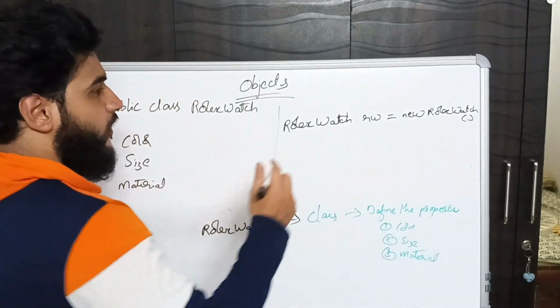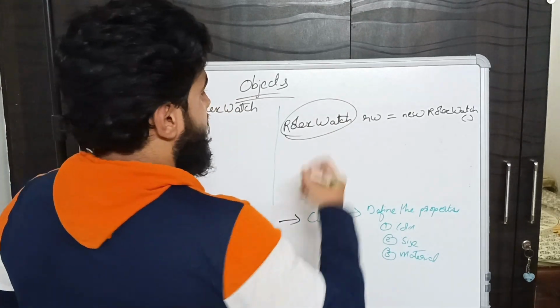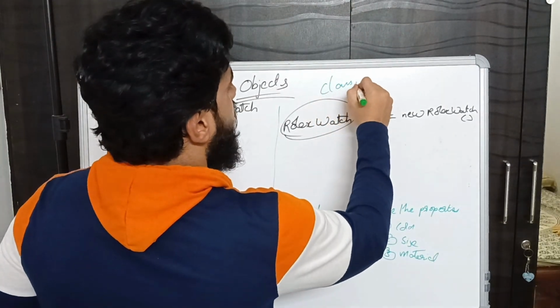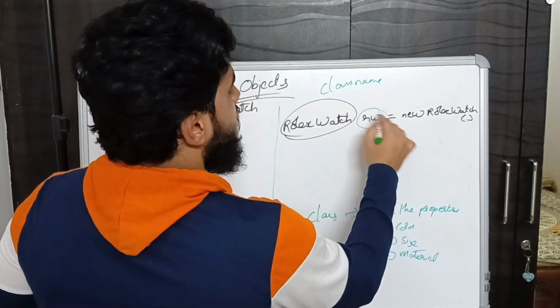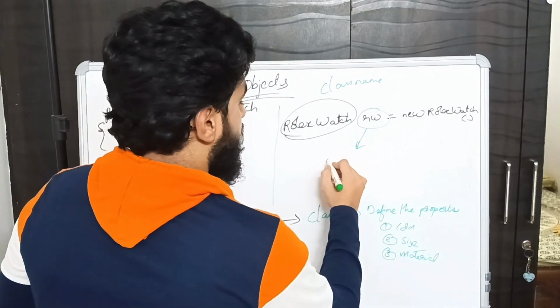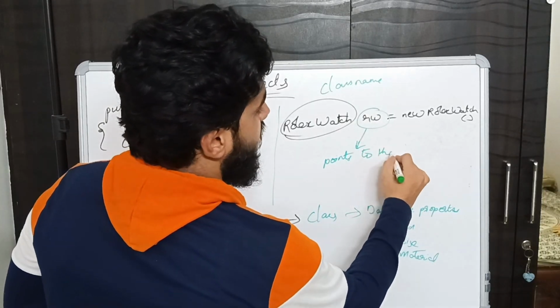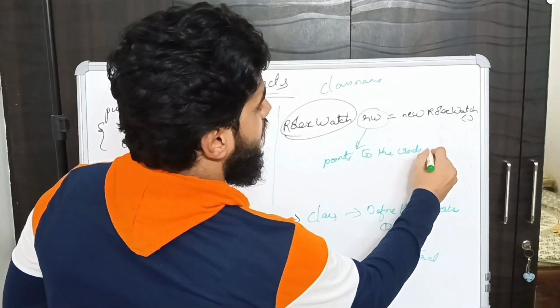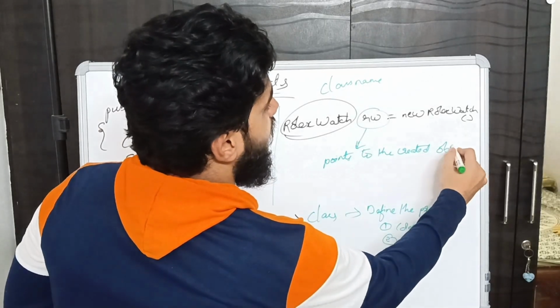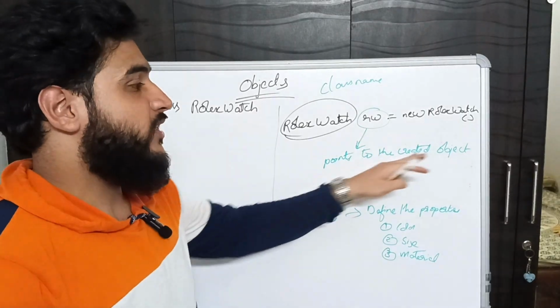So, this is the class name. This is the variable name that points to the created object. This is the pointer that points to the created object.